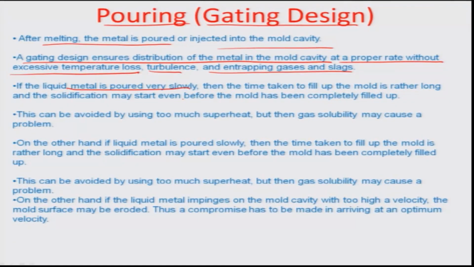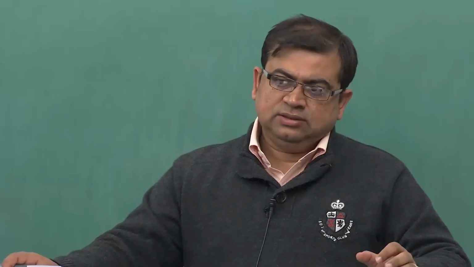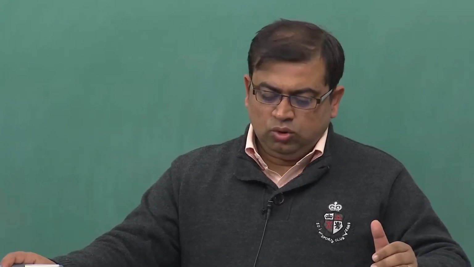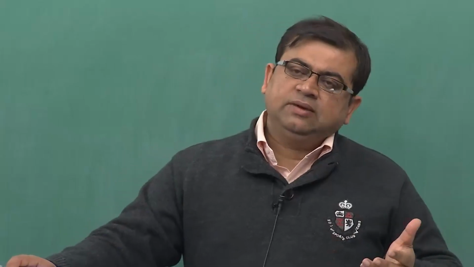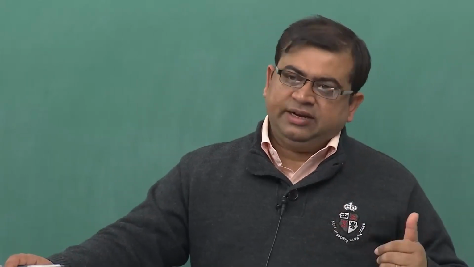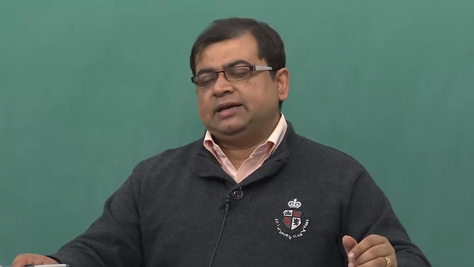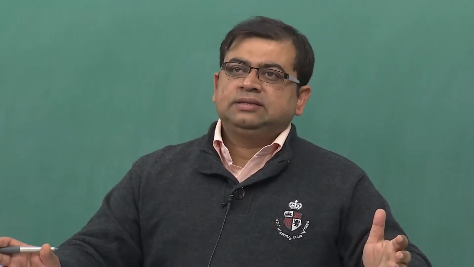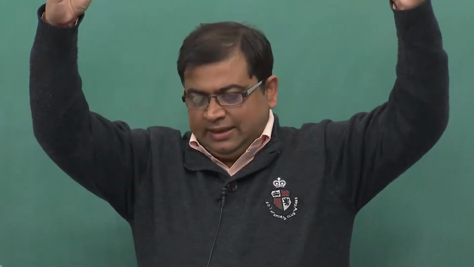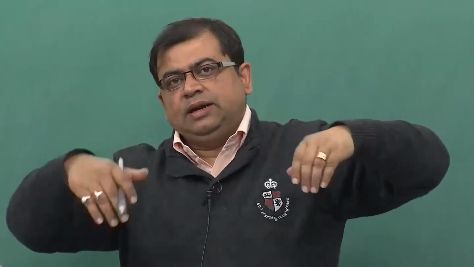So, as I was just discussing, the liquid metal is poured very slowly, because fast metal flow may lead to the damage of the mold. The time overall which the metal would take to fill up the mold would be very high. Okay. And so, solidification may start happening even before the liquid metal reaches the mold cavity. So, there has to be a proper design, and this is actually a pressure driven flow, because there is going to be a pouring basin at some potential energy, and the metal is going to be in liquid state.